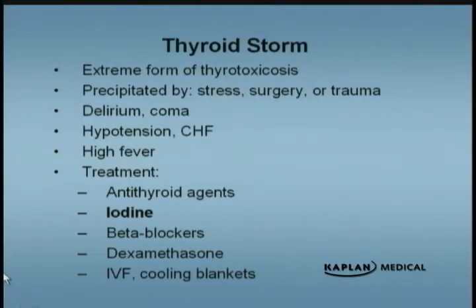of thyroid storm. Now, a couple of other things that we give them, and people always ask me, they get a little bit confused. We give them a lot of IV fluids because they're hypotensive and they're dehydrated, and we give them cooling blankets because they're running high fevers, and we give them dexamethasone, corticosteroids, and the reason is we give corticosteroids in all severe forms of thyroid disease. So don't get caught up in that.